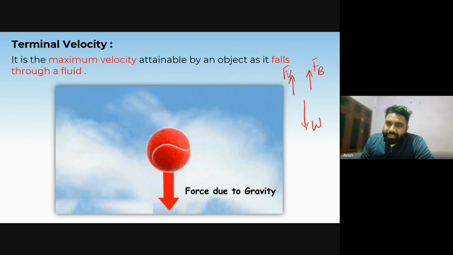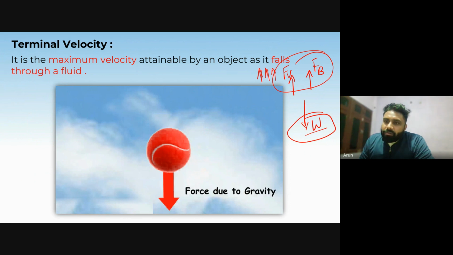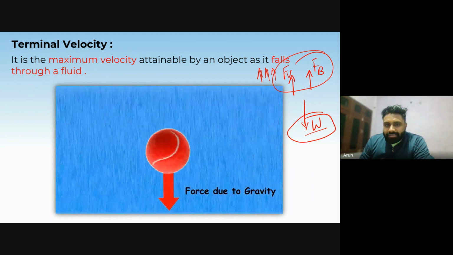This Fv is variable, so it will constantly increase its value, and when the summation of these equals the weight, the ball will feel no external force. In that case, the velocity achieved by the body is the maximum velocity attainable and is called terminal velocity. Now, we will also derive it. You can see this video.